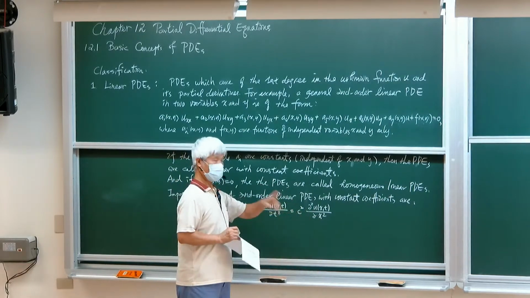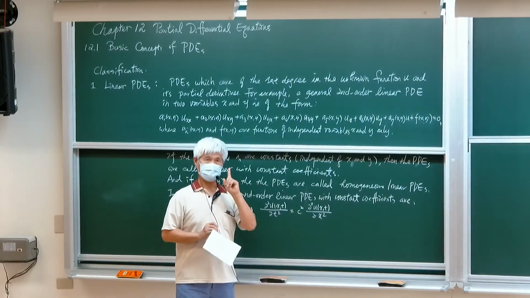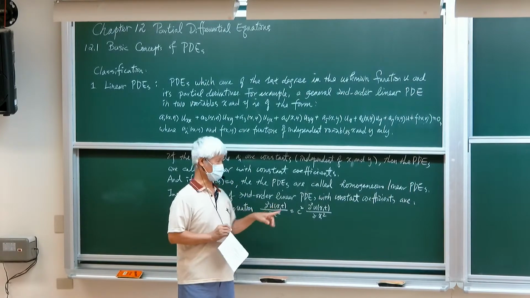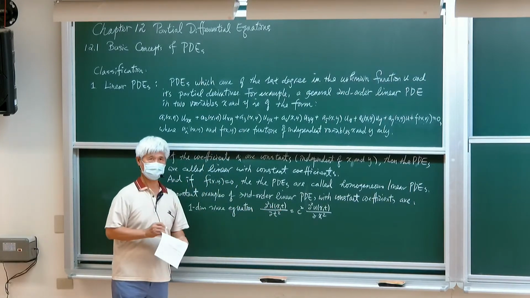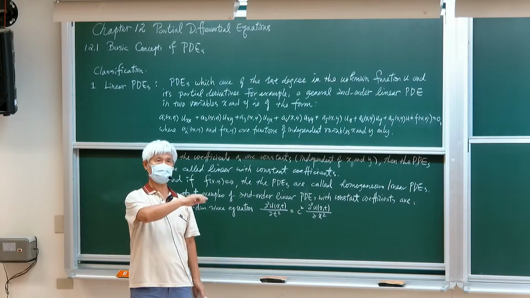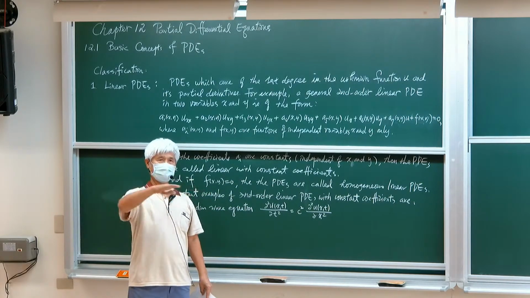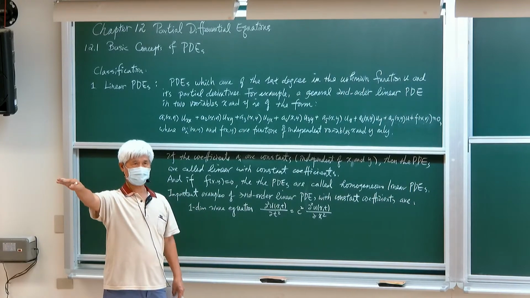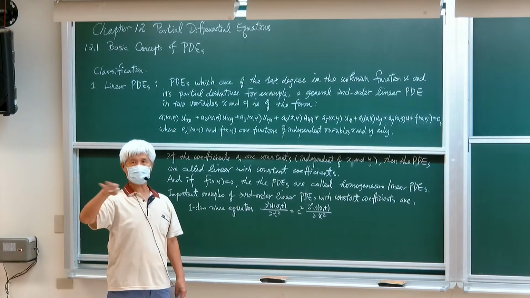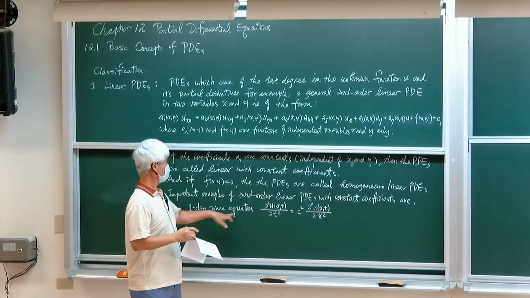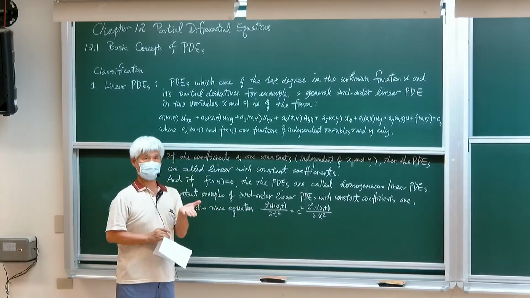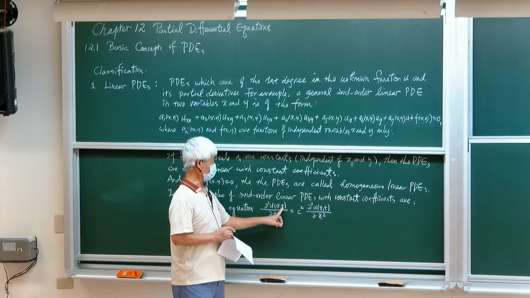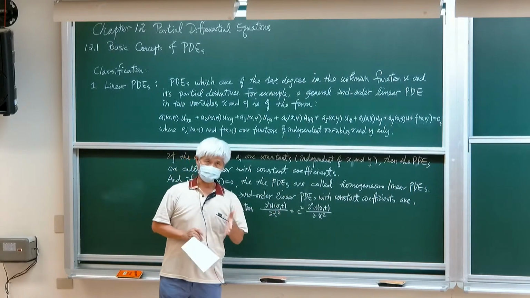And we have only one spatial dimension x, so it's called the one-dimensional wave equation. So that is to describe the wave traveling along the x-axis, just one-dimensional, as time goes on. So we have two independent variables: one is the time t, the other is the spatial dimension x.